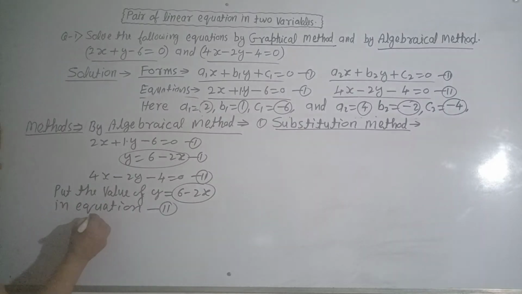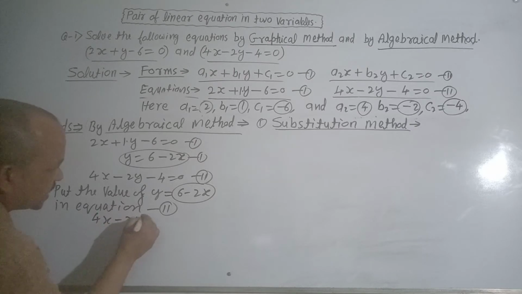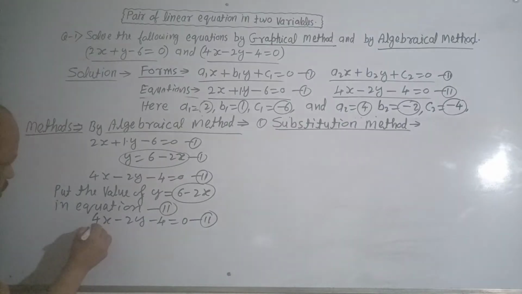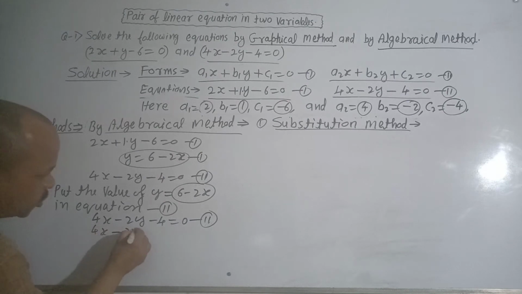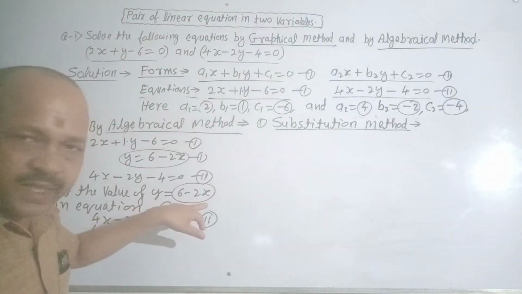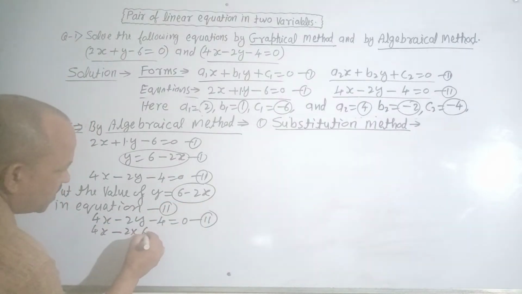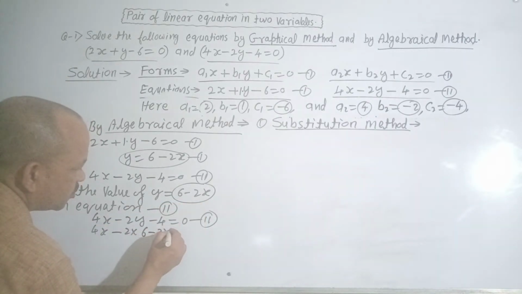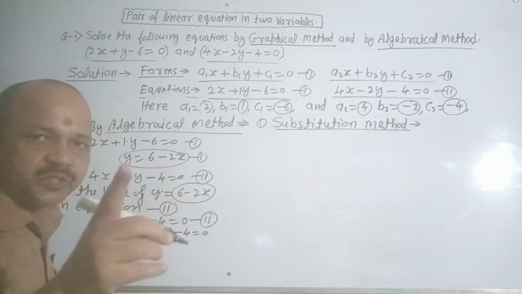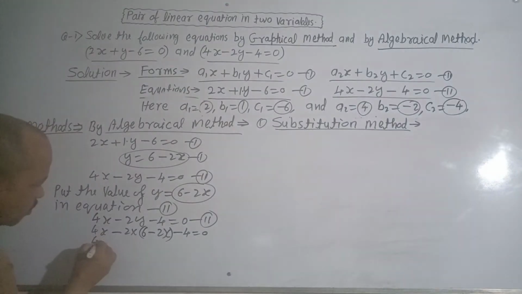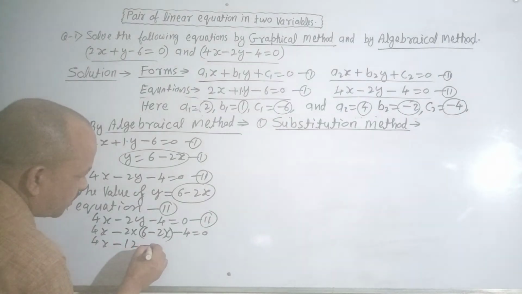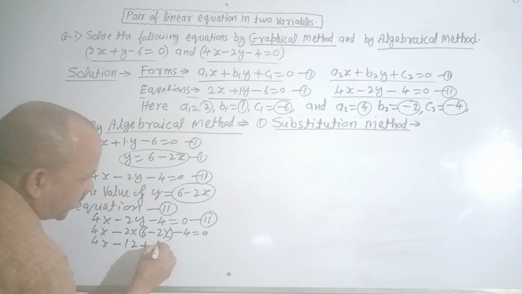Second equation is 4x minus 2y minus 4 equal to 0. 4x minus 2 multiplied by the value of y, which is 6 minus 2x, minus 4 equal to 0. 4x minus 12 plus 4x.